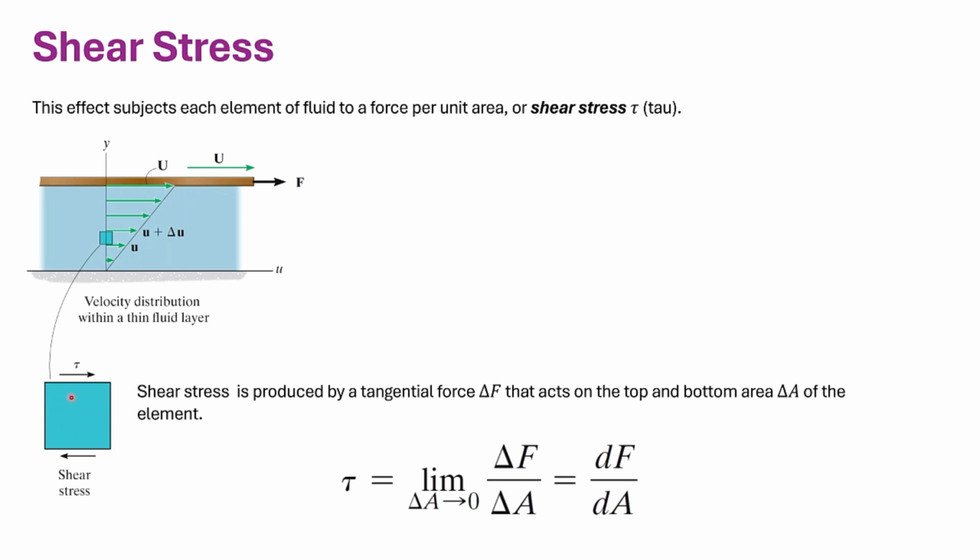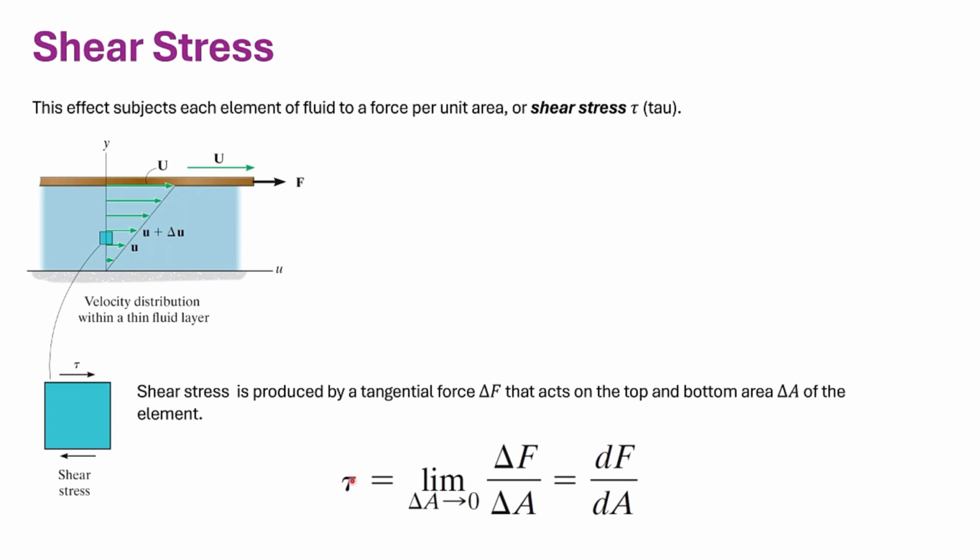So we are analyzing one single element inside water in which a force is applied because of this movement. Because of the movement of the plate, we saw in the previous slide that liquid elements will deform, and that's because of the force applied on them, and that force causes shear stress.